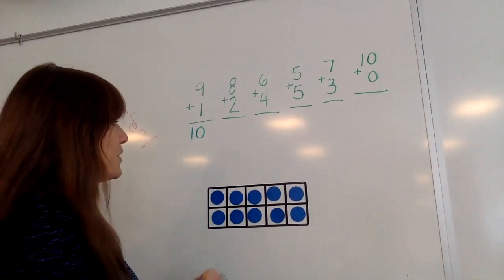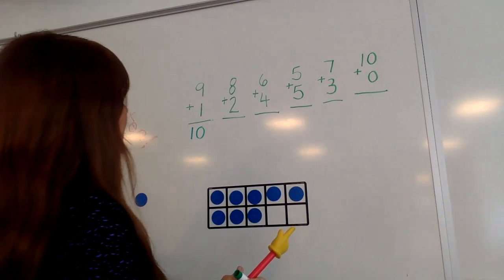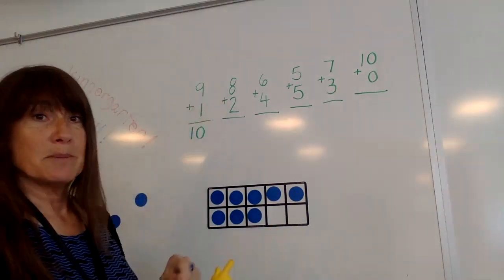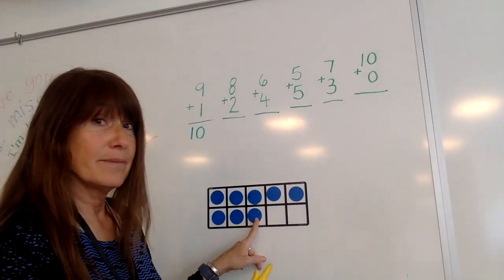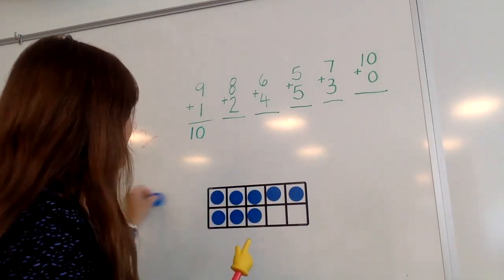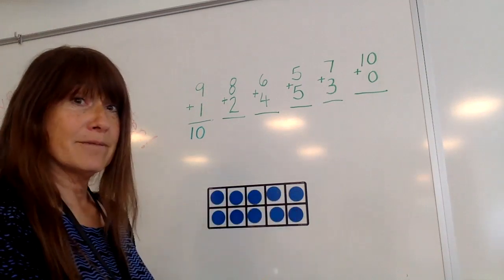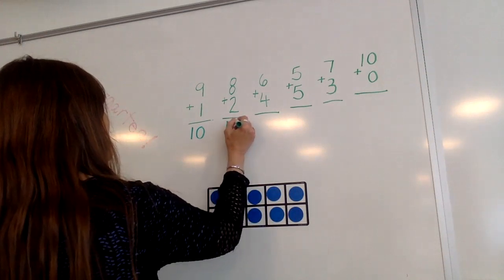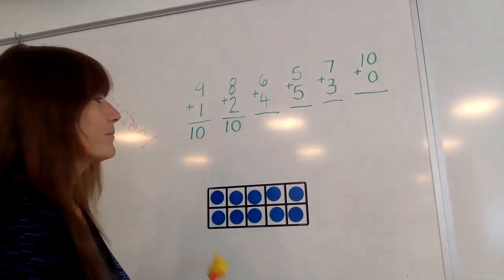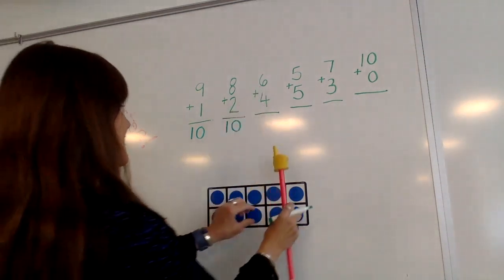Now suppose we started with 8. We're going to do this problem now. I have 8 in my 10 frame. I'm going to add 2 more. Now how many do I have? Same answer. I have 10. Now we're going to start with 6.